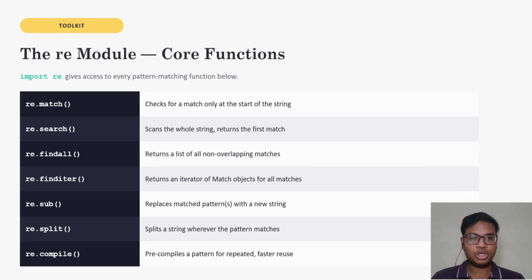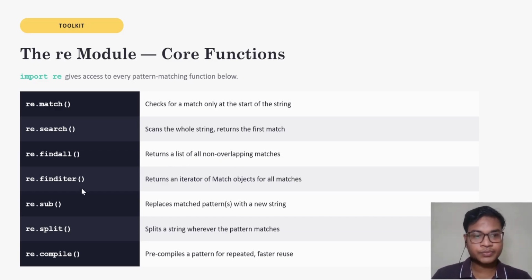What does it mean? Just see here: re.match checks for a match only at the starting of the string. With re.search we can scan the whole string and it returns the first match. Third is re.findall, which returns a list of all non-overlapping matches.